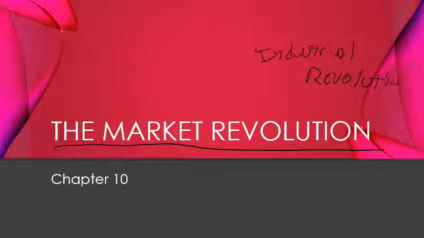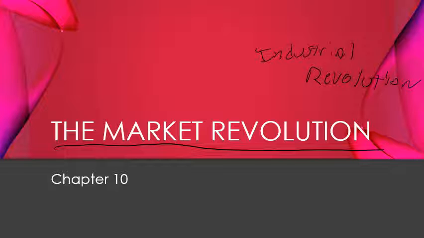The first happens during the first third of the 19th century, so we'll say 1800 to about 1835, 40. Then there's the second industrial revolution, which is roughly 1870, 1875 to 1900.